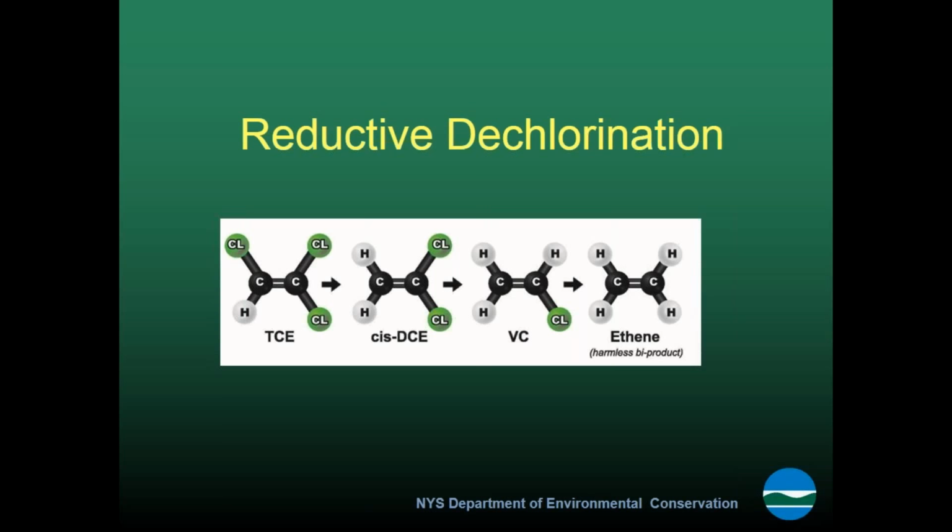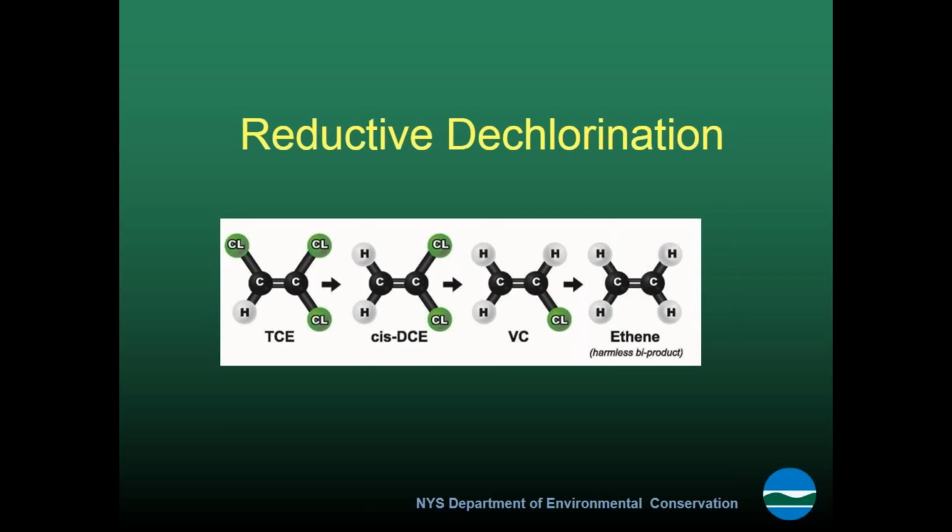The other thing that was learned from monitoring for ethene is if you look at the source areas, the original assumption was that the source areas were too toxic, too concentrated for the bacteria to get in there and thrive. But when they started monitoring for ethene production in the source areas, they found huge productions of ethene.